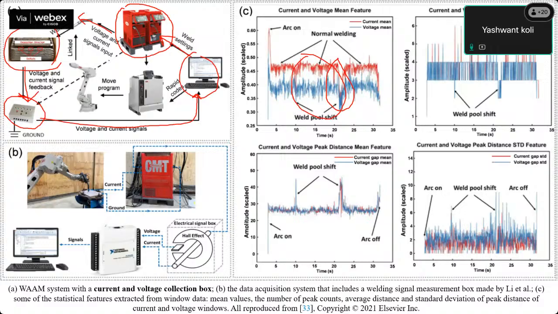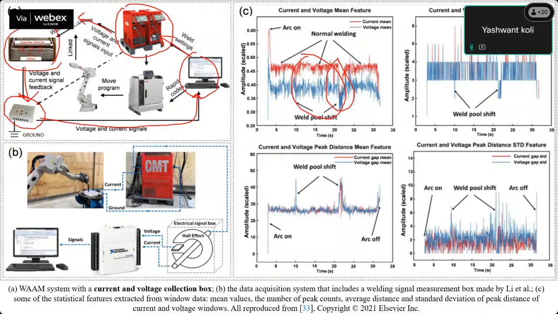So how can we monitor these things? We can monitor using charge signals. We can use charge sensors to study the plasma charge currents. If the current and voltage waveforms show these problems, then we can justify that the fabricated part has incomplete penetration and humping problems.